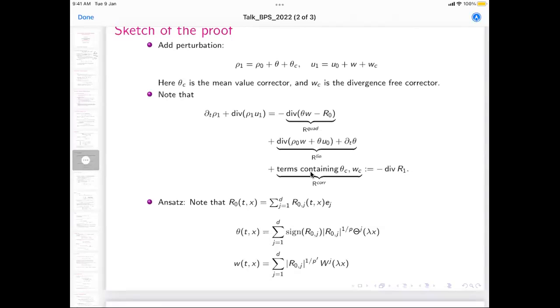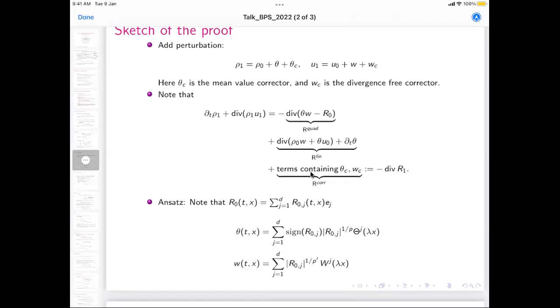Okay. And once you know how to cancel things, then you can actually predict what theta and w could be. So first of all, I said it is a high frequency object. So I put a lambda, which is very high, for the frequency. And these are low frequency objects because they depend on the previous level. Don't bother with this too much, because if you take the theta w product, these two will precisely give you R0. That's what I want to cancel.